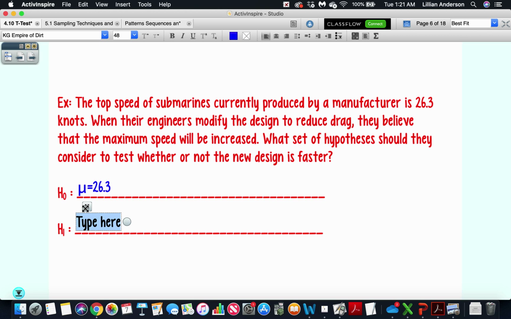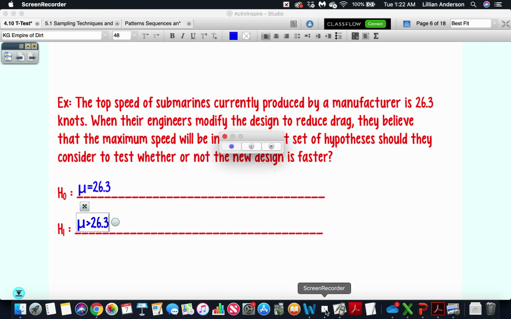Hopefully you were thinking greater than. So in this case, our alternative hypothesis would be mu is greater than 26.3, because then that greater than would represent the increasing. They would be able to test that. And then this would be our first step in trying to test whether or not this is true. Does that make sense?